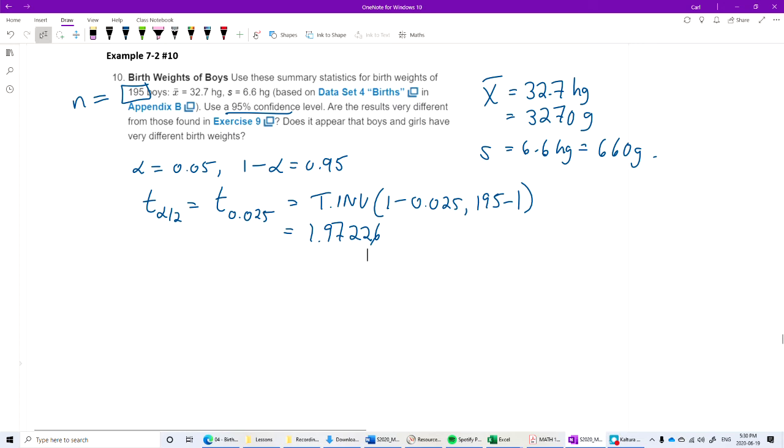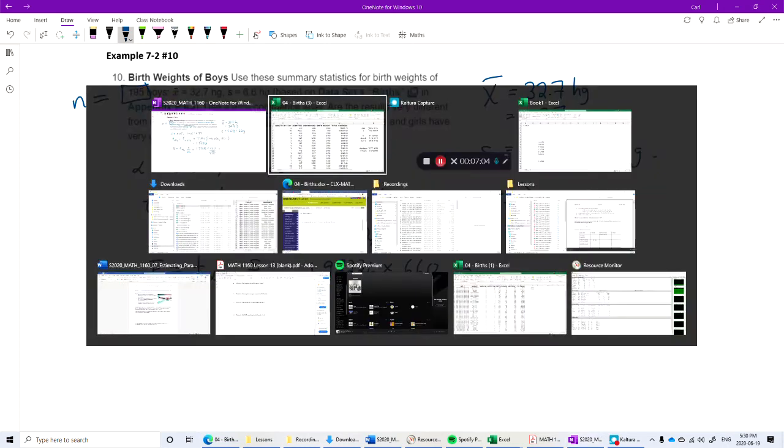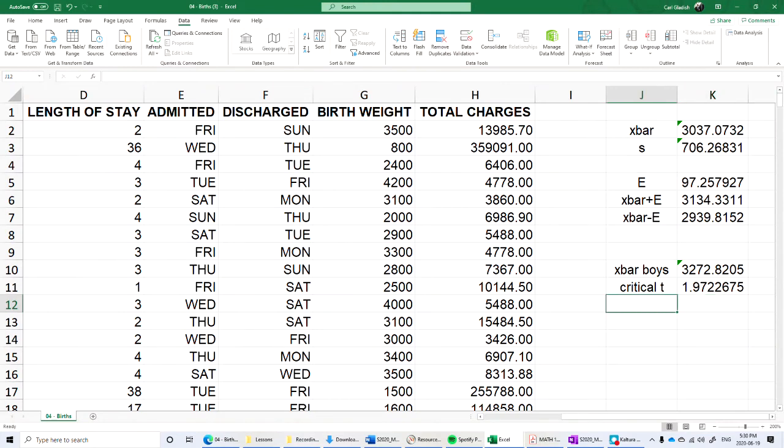Not that different though. So the margin of error is t alpha over 2 times s over the square root of n. 1.97226. S is given, 660. Square root of 195. What do I get? I'm going to calculate it here.